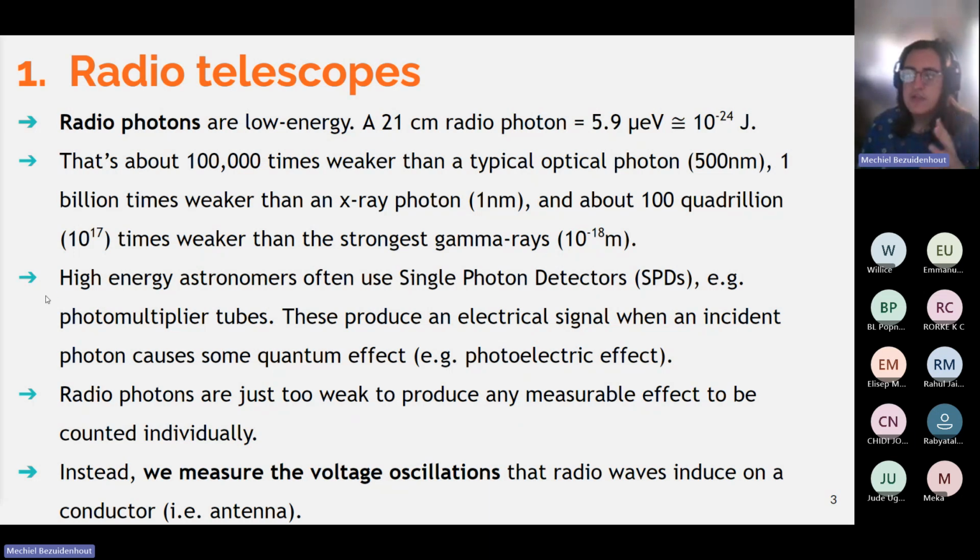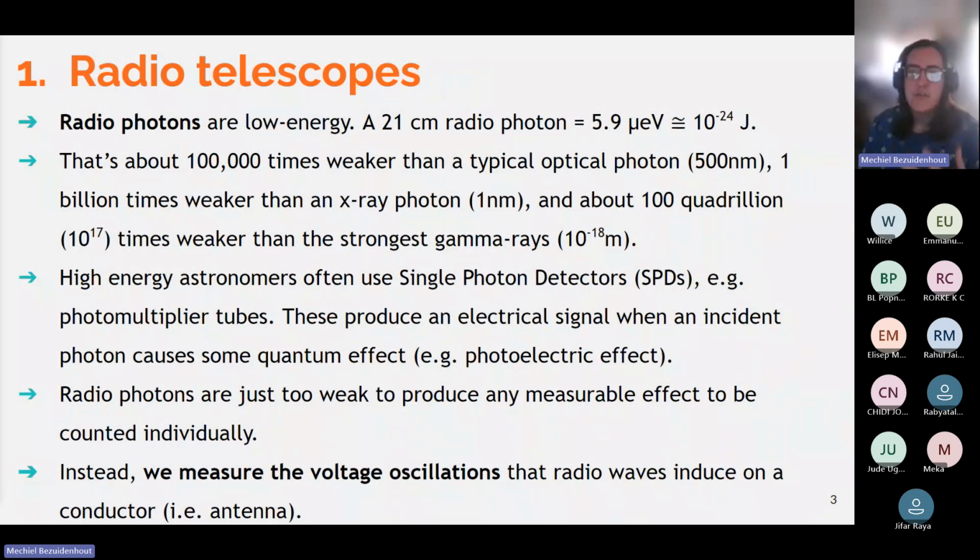These are instruments that produce basically an electrical signal when some photon falls onto the instrument, usually using some quantum effect, particularly the photoelectric effect, which says that if you have a photon incident on a conductor, it might knock loose an electron.